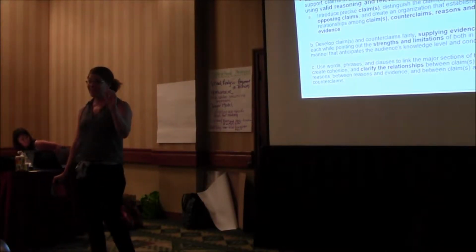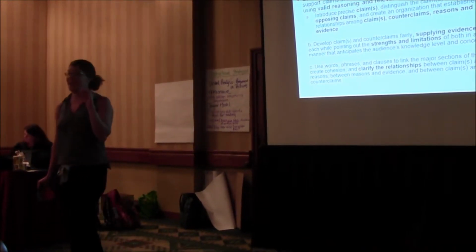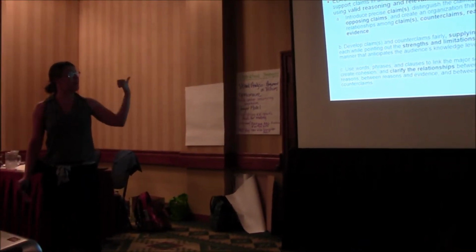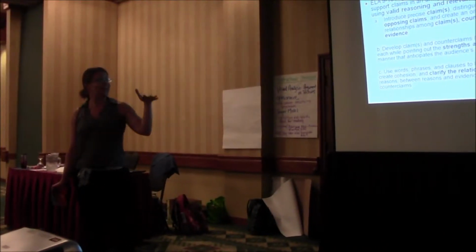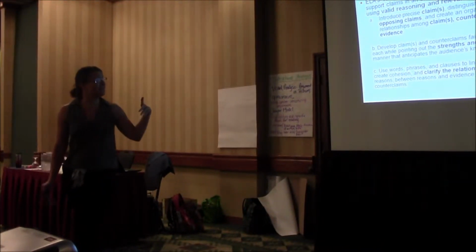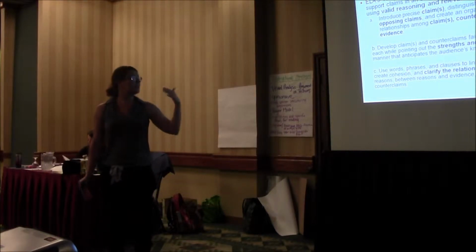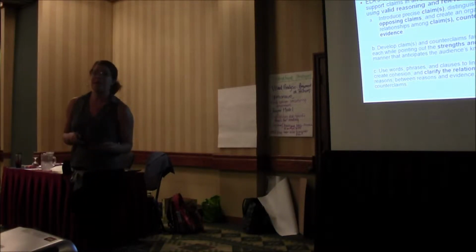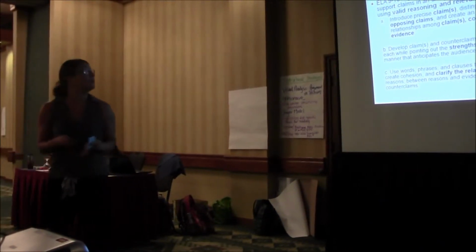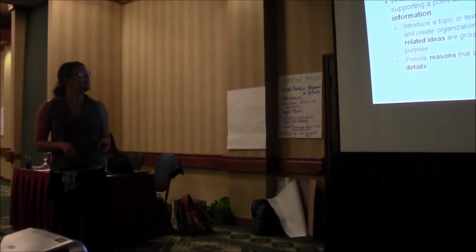Using valid reasoning, relevant and sufficient evidence. And there's mention of claims again, looking at opposing claims, counterclaims, reasons and evidence, supplying evidence, clarifying relationships. All of those words, as you'll see as I go through Toulmin, are very relevant and related to the Toulmin model of argument.